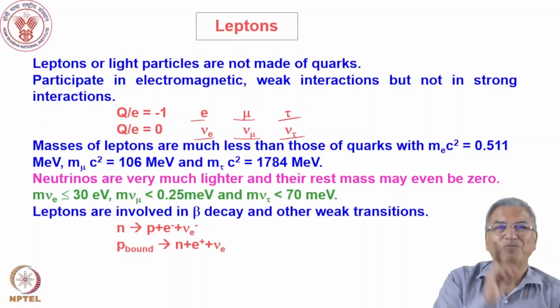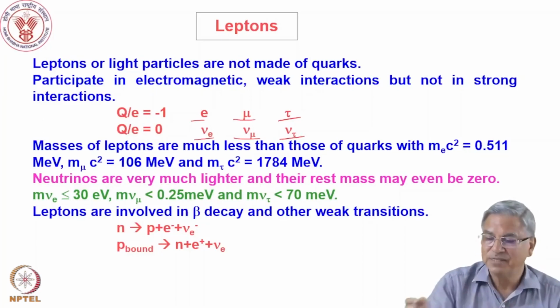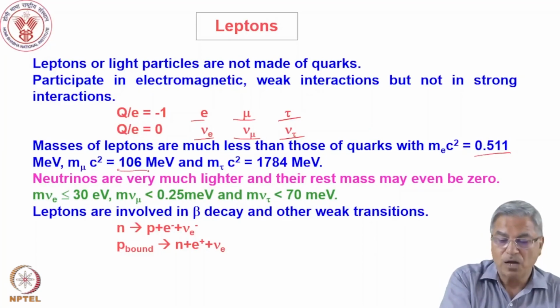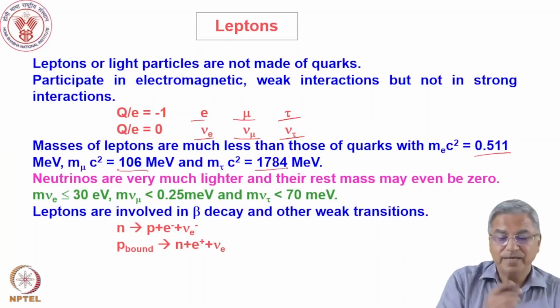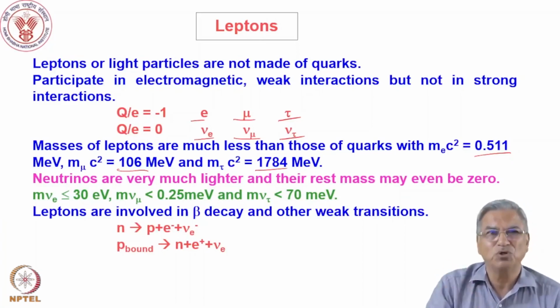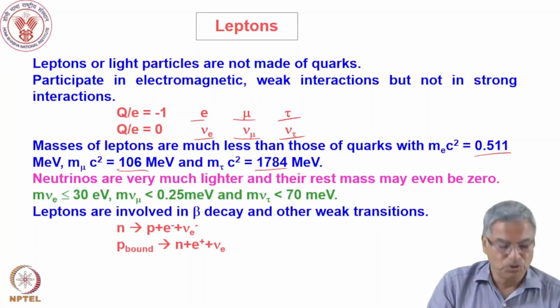And these are very small particles. They have very little mass, 0.511 MeV for the electron, and the muon and tau are heavier. And their corresponding neutrinos have still much lower masses. In fact, there are still experiments going on to find out the mass of the neutrino.